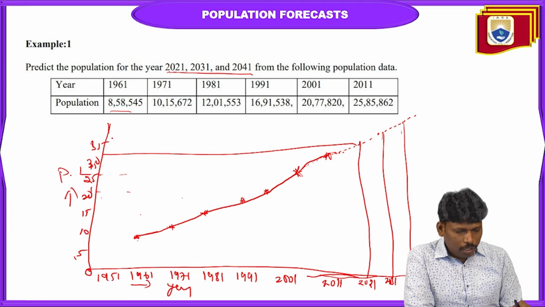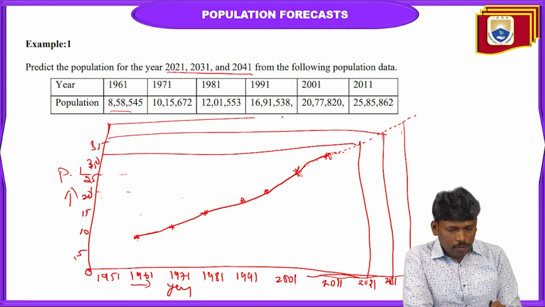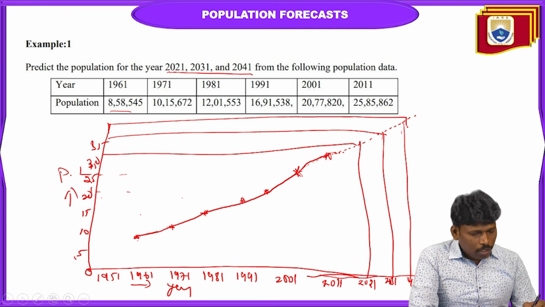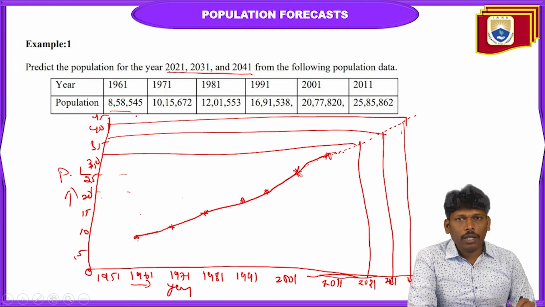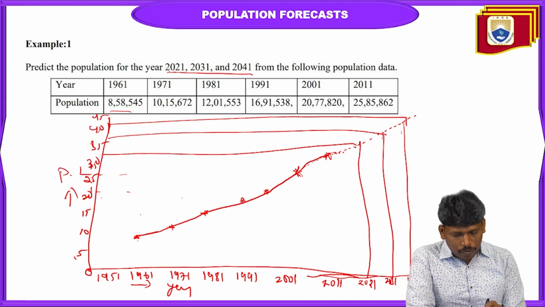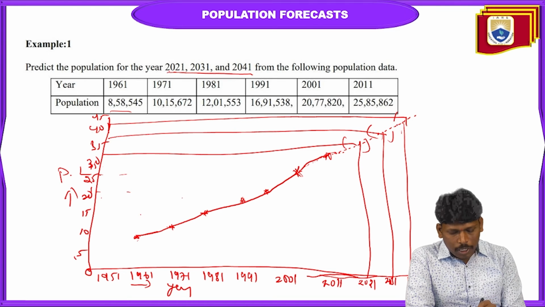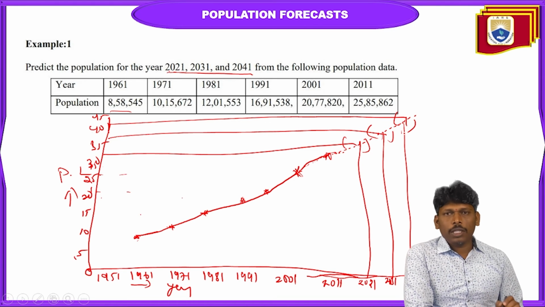Now we can see how this population increased. So here it is 35, you can say 40, then 45. So now we will fix the population at each year. So this is the method.